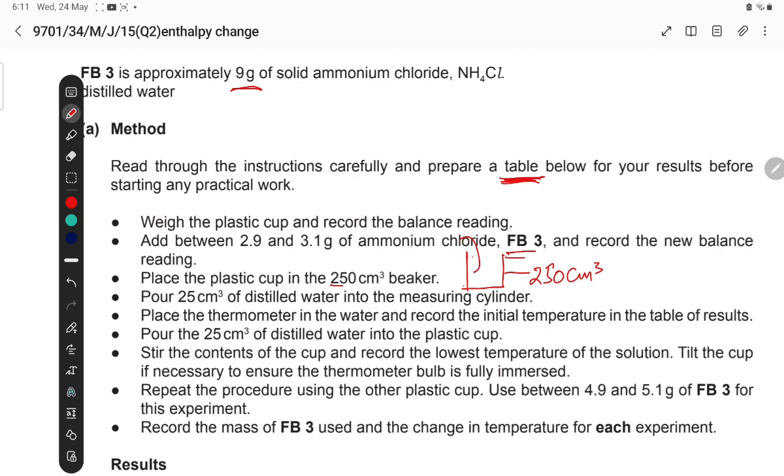Place the thermometer in the water, and stir the solution with the thermometer, and record the initial temperature in the table of the results. Pour the 25 centimeter cube of distilled water into the plastic cup.